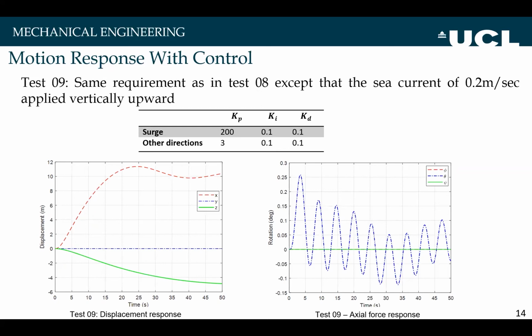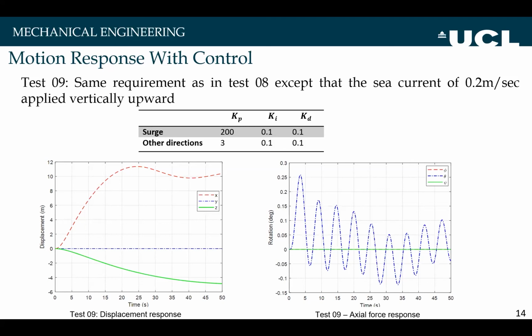Keeping the same PID gains, as can be seen in the test 9 displacement response, though there is PID control applied in the vertical direction, though it is low in value, the vertical position is not kept by the system, and it is moving upward and covering a distance of around 5 meters in 50 seconds, whereas the axial distance is covered but with oscillations.